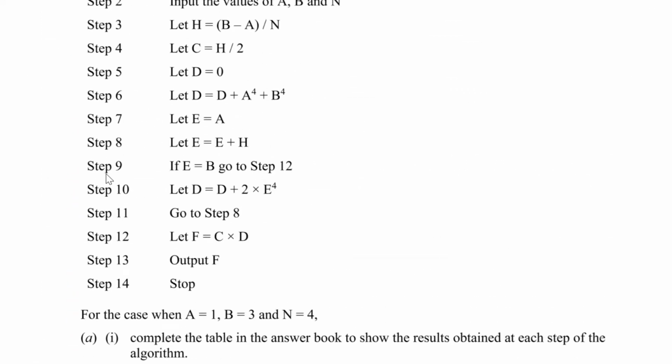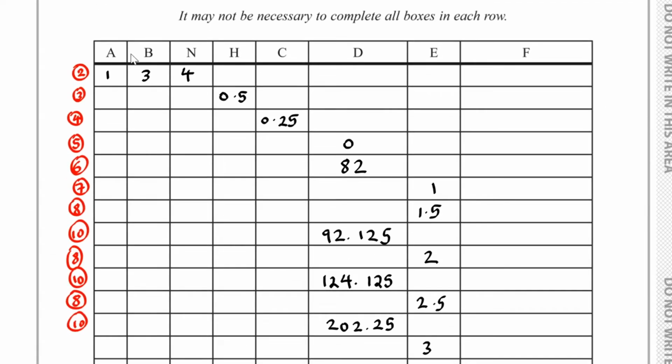And now, if e equals b, then go to step 12. We see that 3 is equal to 3, so we move on to step 12.